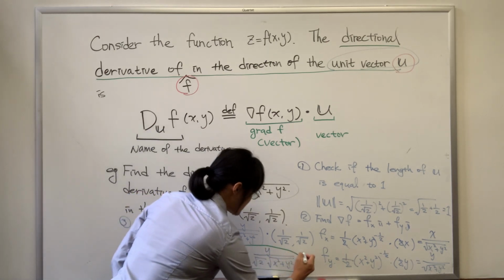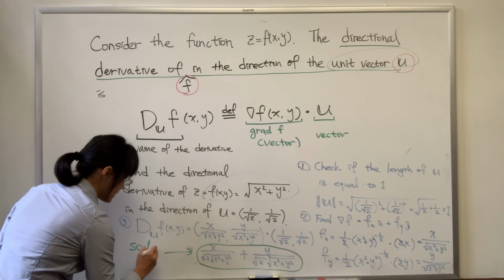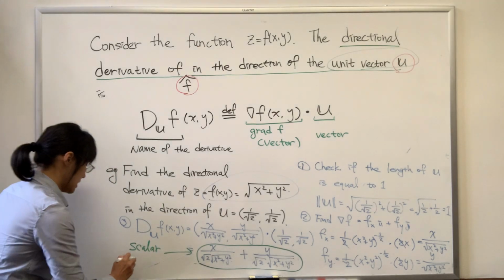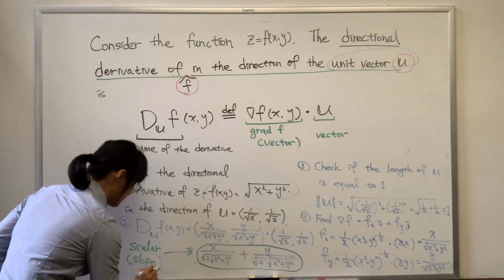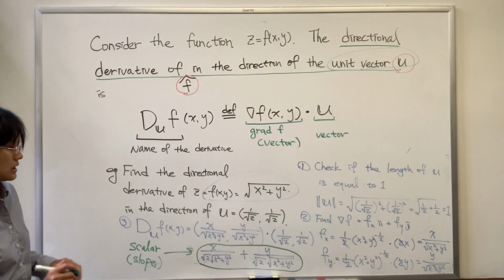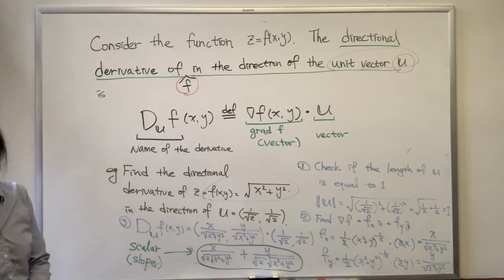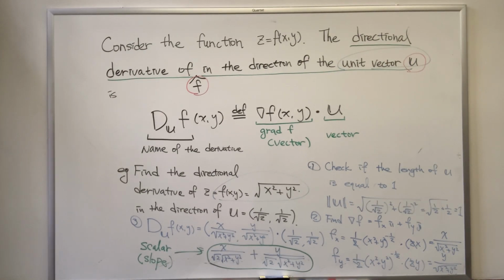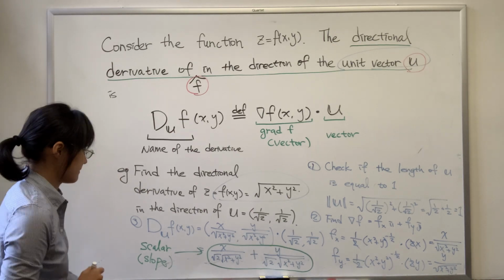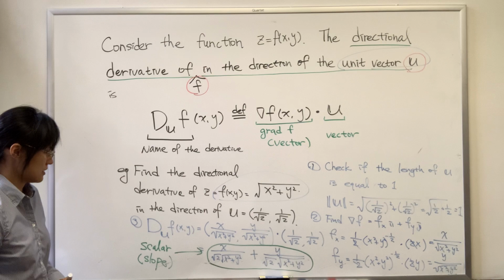Here you get a scalar, and this scalar has a geometric meaning. It represents slope, just like how we find f prime of x, and f prime of x is slope. Let me see if you can see. Okay.